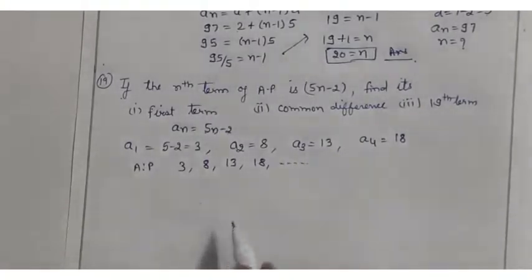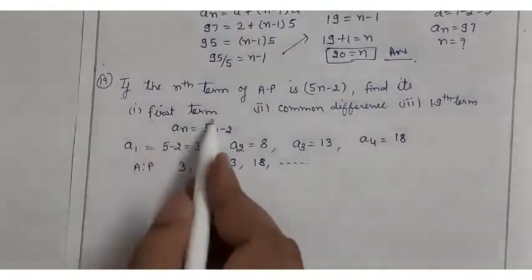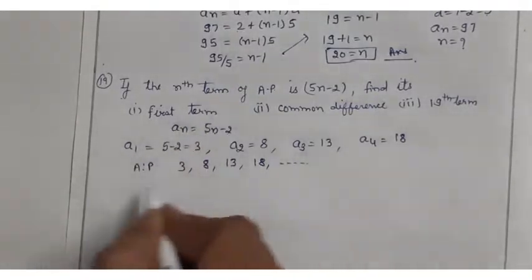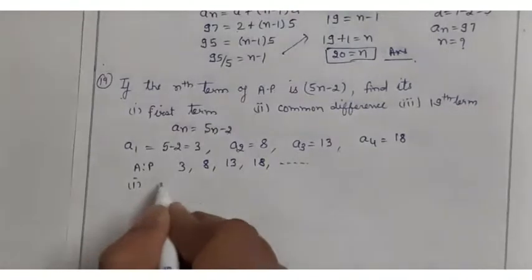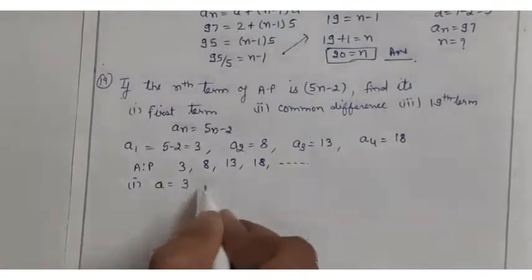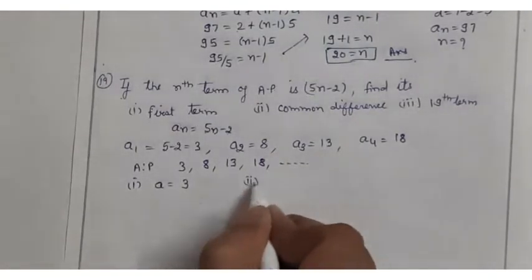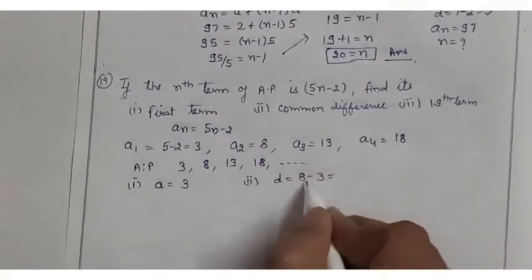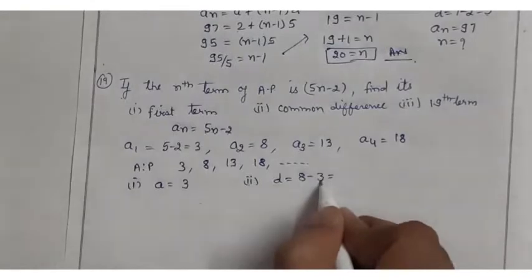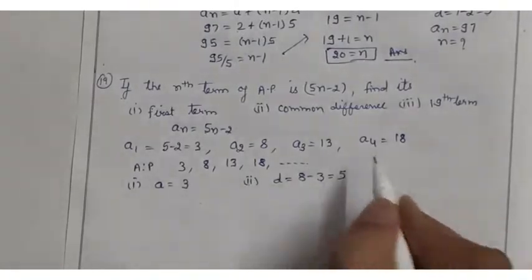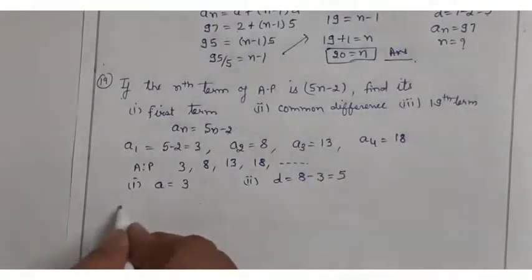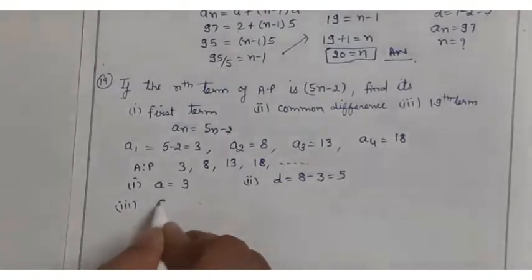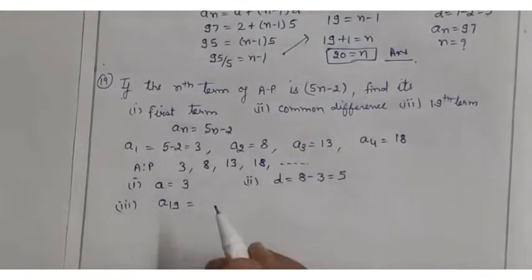Now what is the first question? You have to find the first term, that is A. A is your 3. What is common difference D? Second term minus first term is our common difference. So second term is 8 minus first term 3. This is 5. Then you have to find the 19th term, A19. Again we will use that formula: an is equal to A plus n minus 1 d.